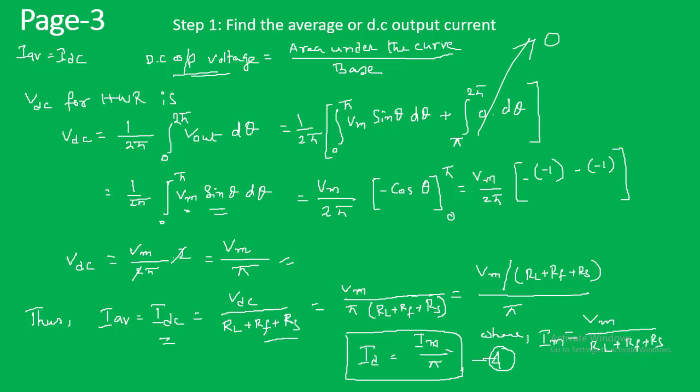Vm by pi. Now Vm divided by this is denoted as Im. So Im is equal to Vm by RL plus RF plus RS. So effectively we have IDC equal to Im by pi. Let us call it equation number 4. We will be requiring it later on.